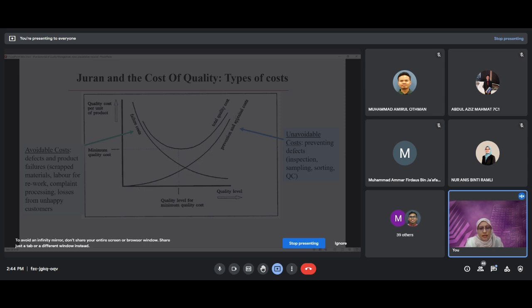All right, so quality level for minimum quality cost: you can find what quality level you can obtain by having a minimum quality cost.